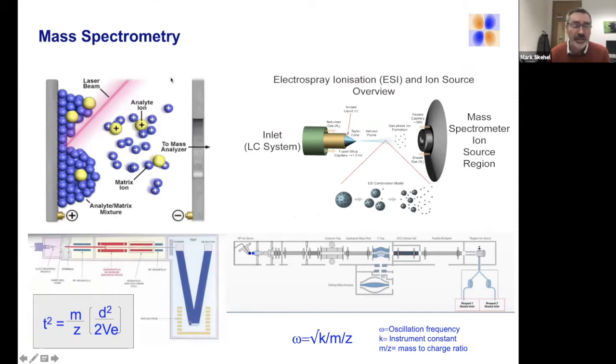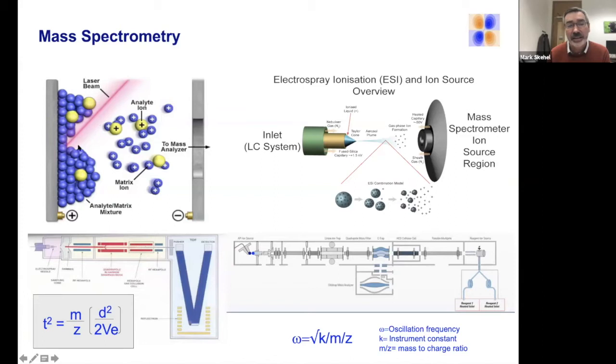There's MALDI, matrix-assisted laser desorption ionization, and here you have your target plate, a metal plate with your sample crystallized in a matrix. The matrix is in the blue, your sample's in yellow, and you shine a UV laser at that at 337 nanometers.